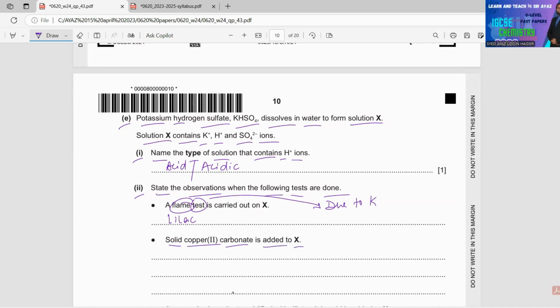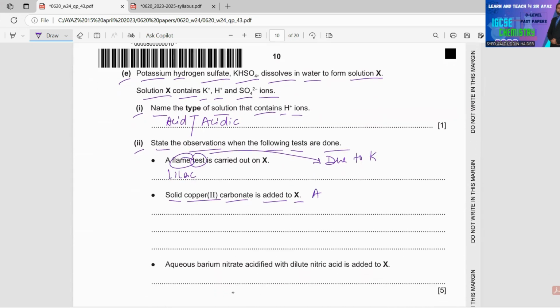Solid copper(II) carbonate is added to X. Now you are adding metal carbonate to X. X is containing H+ ion, so it must be the reaction between acid and metal carbonate. What you have to do is write all the observations whenever acid reacts with metal carbonate. So you'll have solid dissolving.